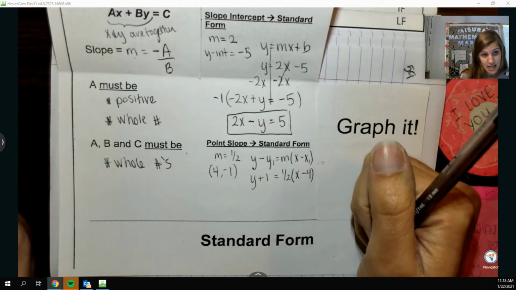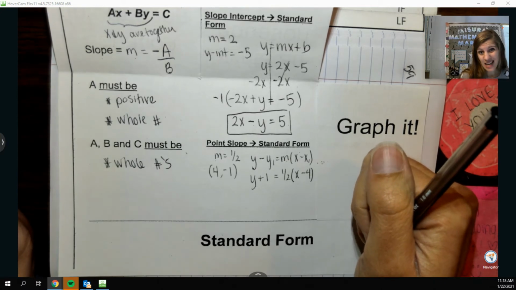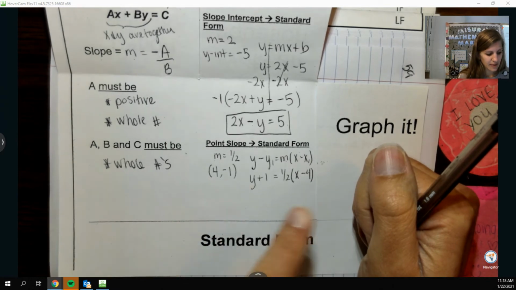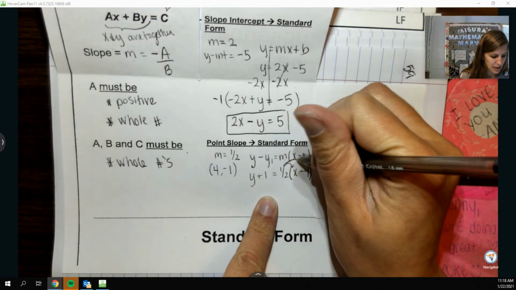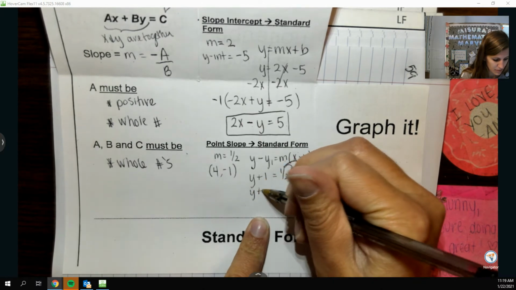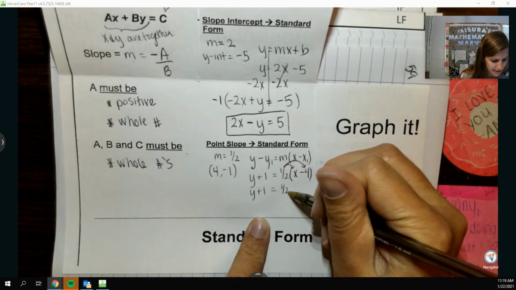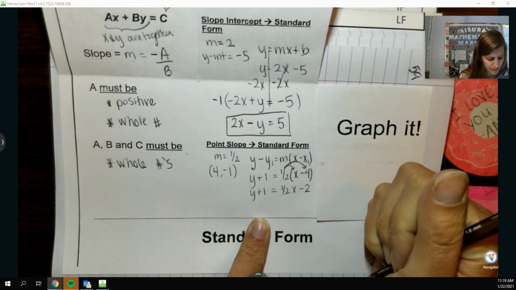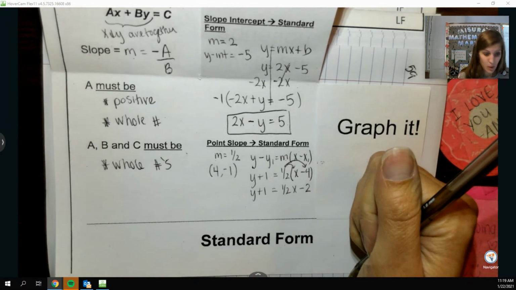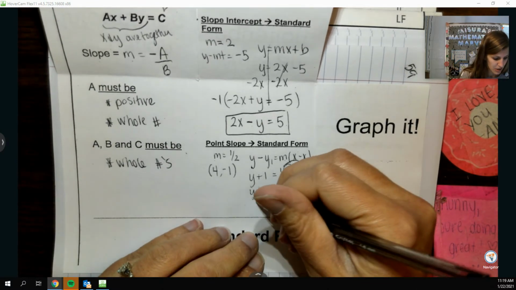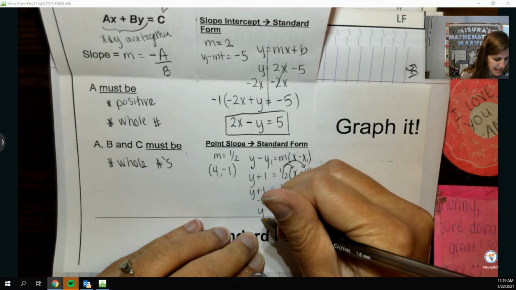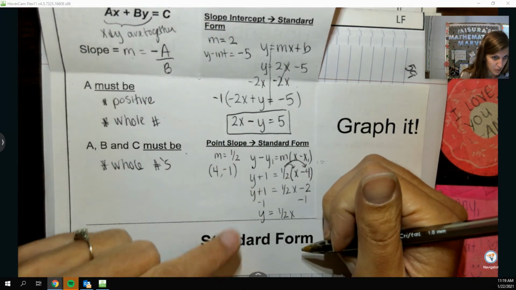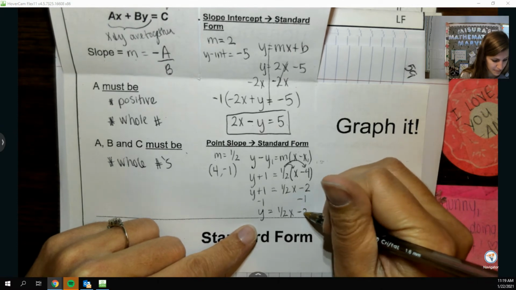Now, to change it to standard form, I kind of have to go through a big, long process. Like we did before, changing point-slope form, I have to distribute. And so we'll have 1/2 x minus 1/2 of 4, which is 2. And then I do want to bring the 1 over, so I'm going to subtract it because now I'm in slope-intercept form, so y equals 1/2 x minus 3.